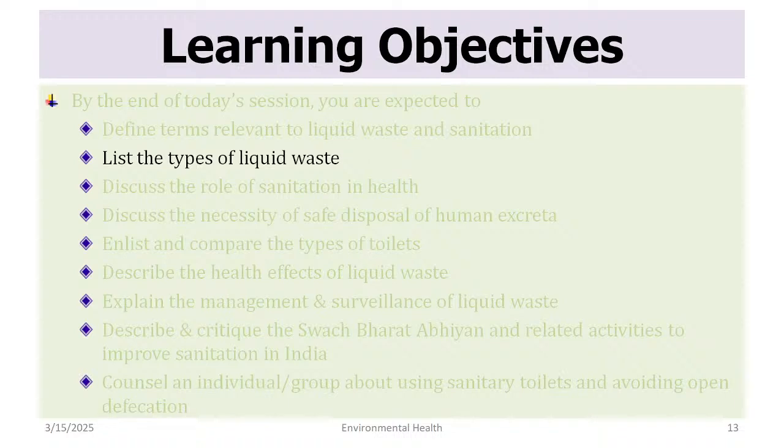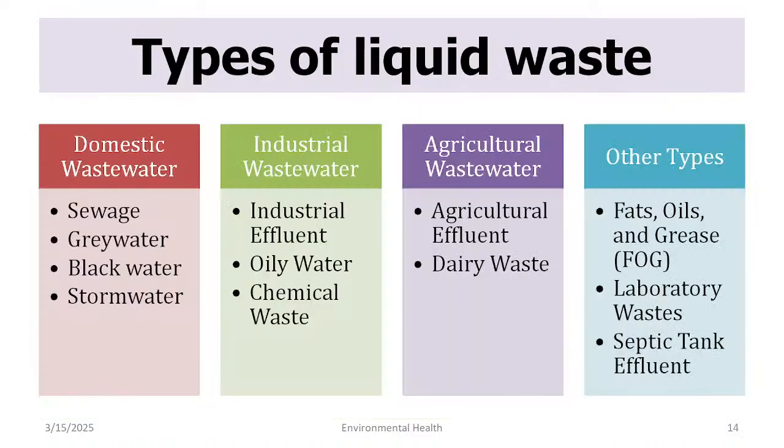Okay. So coming to the types of liquid waste, how people have classified, we don't have this classification in our book, but it has been classified by WHO and some other important documents. 4 types of liquid waste can be considered. So domestic wastewater, industrial, agricultural and other types combined. It is based on how much amount or what is the place where this liquid waste is originating from.